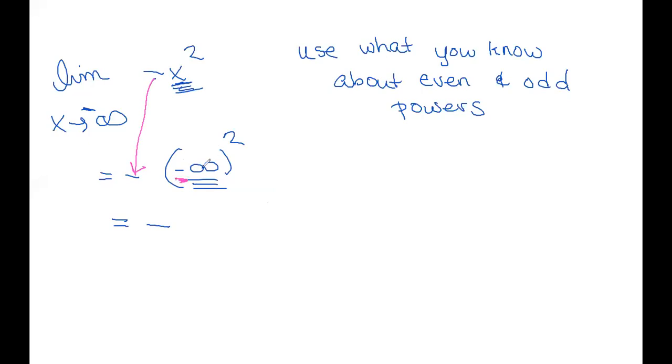This is not the same negative. So you have to bring it down, and that gives you negative. This right here ended up being positive because of the square. So you have negative infinity for an answer. And I'm going to stop there, and next week we'll go over limits of rational numbers.